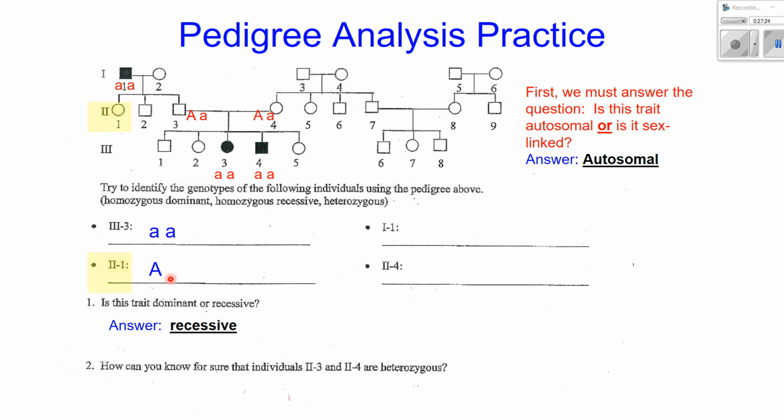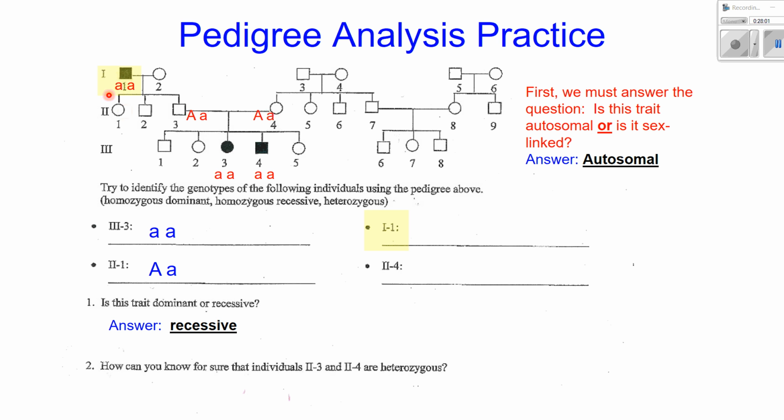What about the other gene, her second letter? Could it be another big A? Well, look at her father, little a, little a. He doesn't have a big A. So he has to pass a little a to his daughter. That's all he has. Therefore, she has to be heterozygous. She has to have a big A because she's not shaded in, and she has to have a little a because of her dad. Okay?